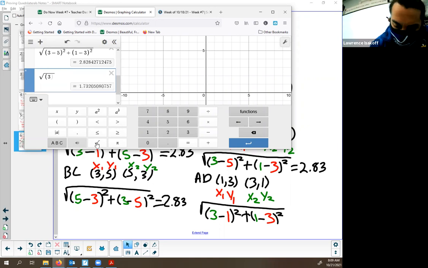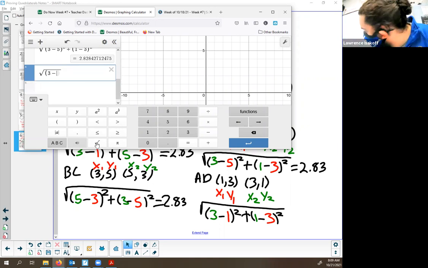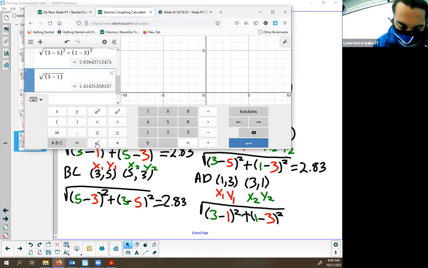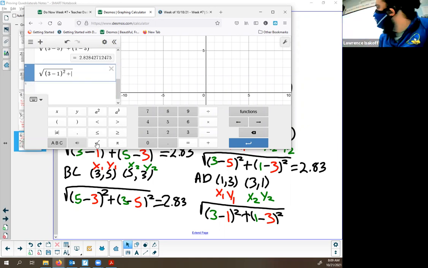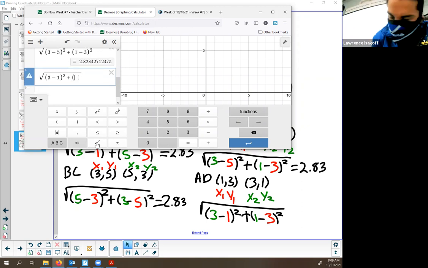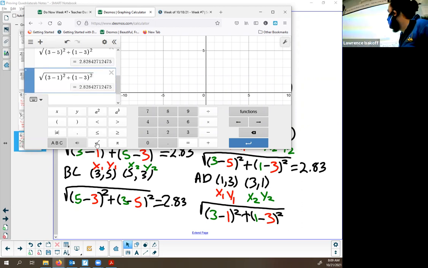So quantity 3 minus 1 squared plus, it says 1 minus 3, close parentheses squared. Here we go, 2.83 again.